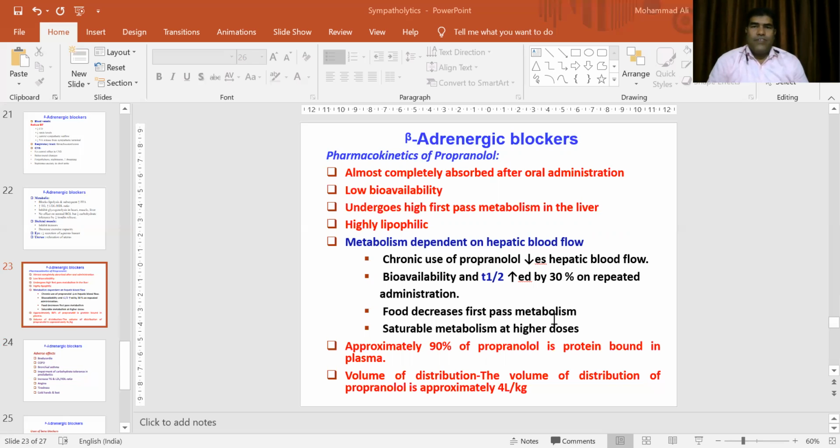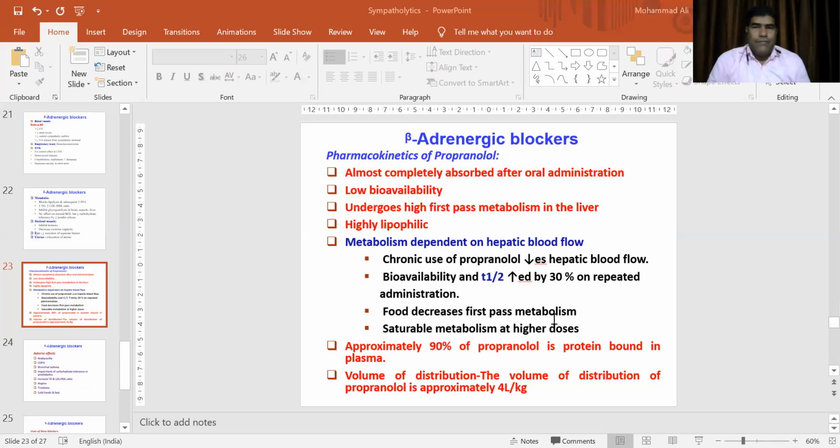It undergoes high first-pass metabolism in the liver, and it is highly lipophilic. Metabolism depends on hepatic blood flow. Chronic use of propranolol decreases hepatic blood flow. If we use propranolol long term, it may decrease the hepatic blood flow.